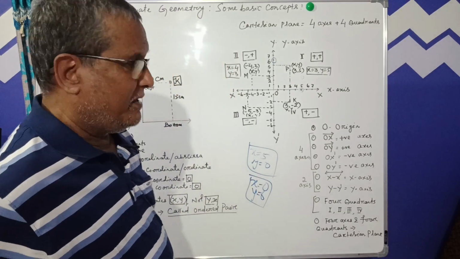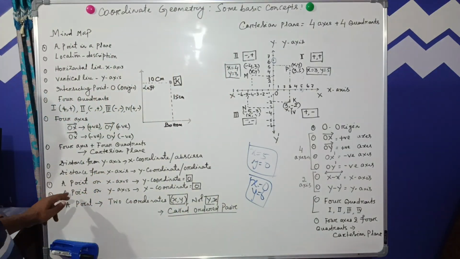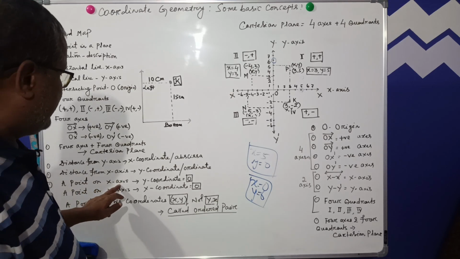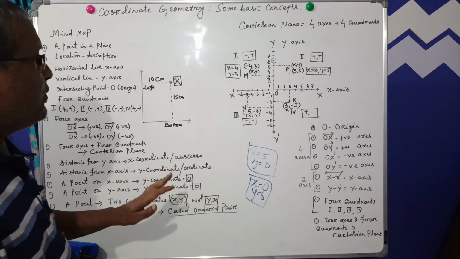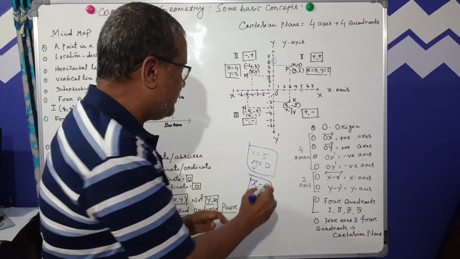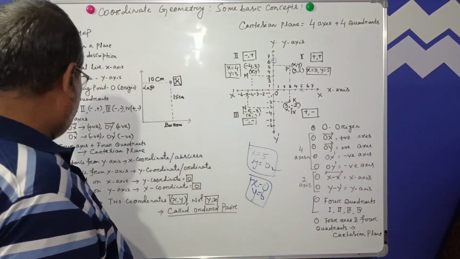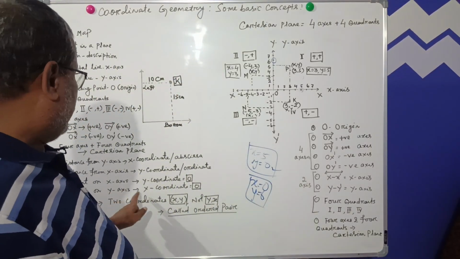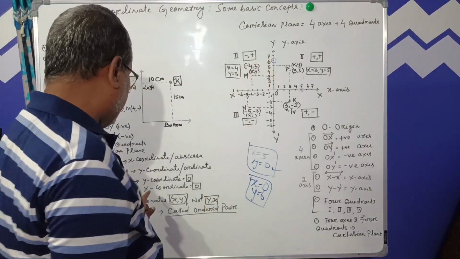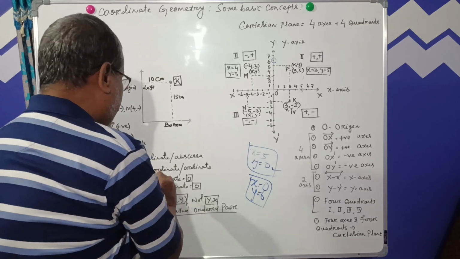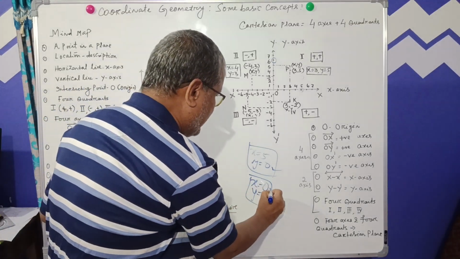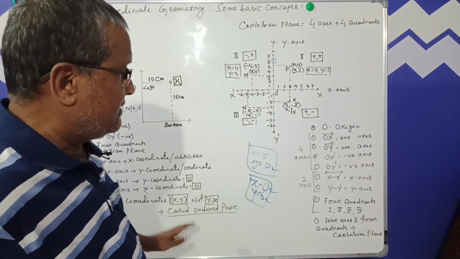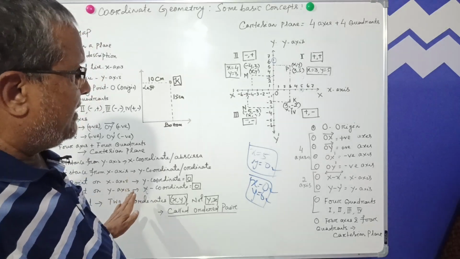So this is very important. For a point on the x-axis, the y coordinate is 0. And for a point on the y-axis, the x coordinate is 0 and y is 6. This is very important.